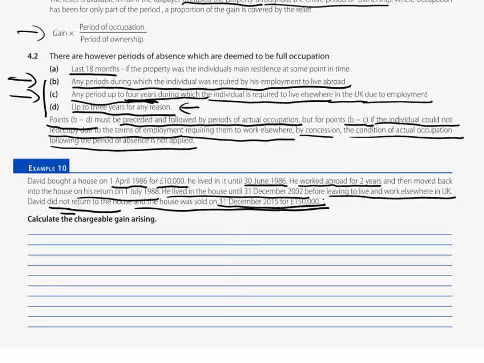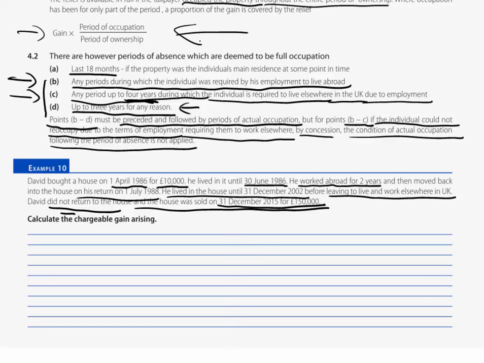Then, because it'll take a bit of adding up, you'll need lots of fingers here and a calculator to hand. You now need to work out what are the periods of occupation, both actual and deemed, and what therefore are the periods of non-occupation, in order that we'll then be able to apply to that gain figure of 140,000 the calculation there, taking the period of occupation, both actual and deemed, over the period of ownership, and that will represent the PPR relief.